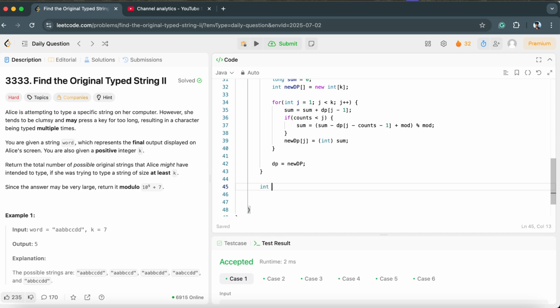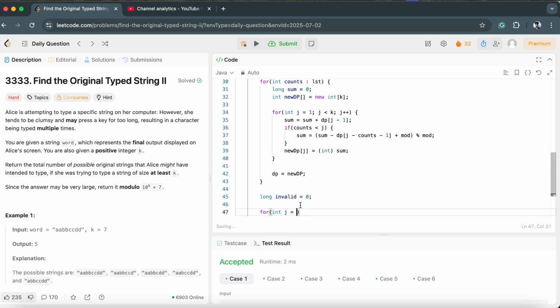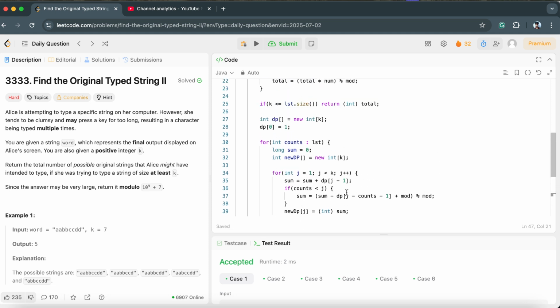Now the moment we got that, let me create another long invalid. It will be pointing to 0, so we'll run a for loop for int. At this moment I can start from the 0th index and add all the dp's values, or else we can start from list.size, because from there only we start getting different values.